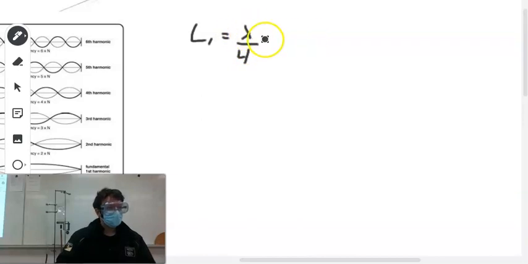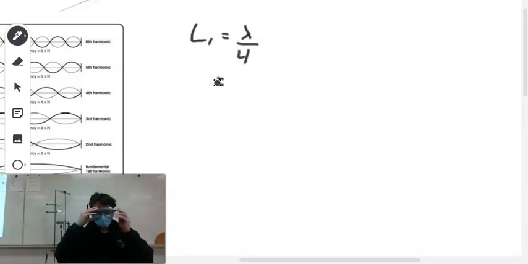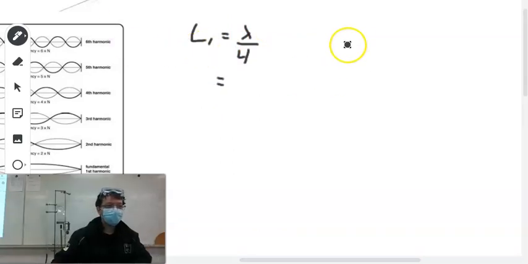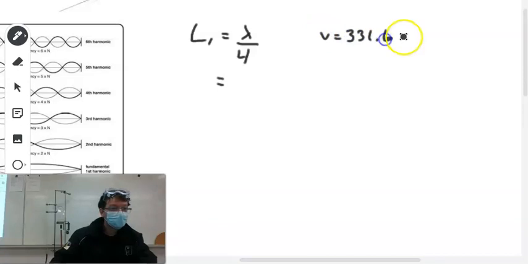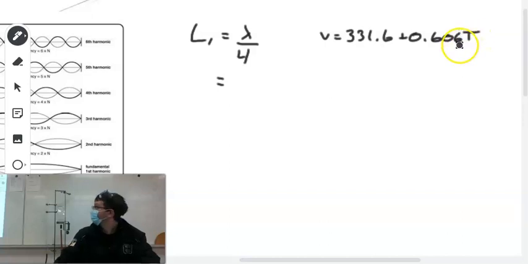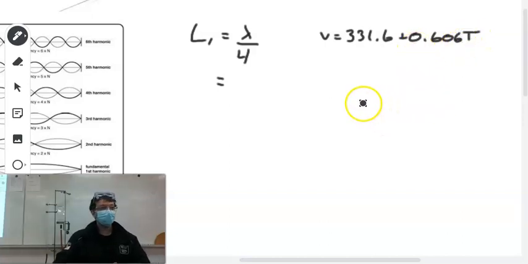Now again, we don't know the speed of sound, but we've learned how to calculate it. Remember, the speed of sound is 331.6 plus 0.606 times the temperature. Assume we're at room temperature here, so let's say 20 degrees Celsius.